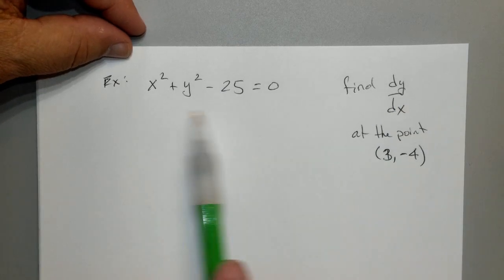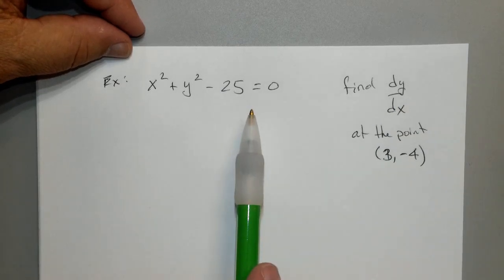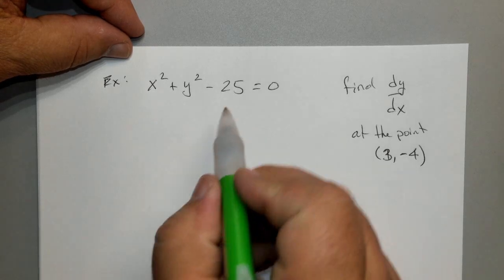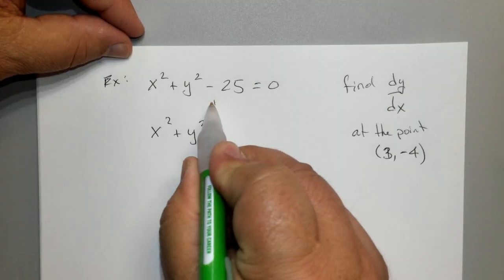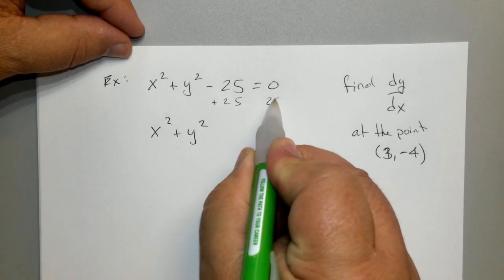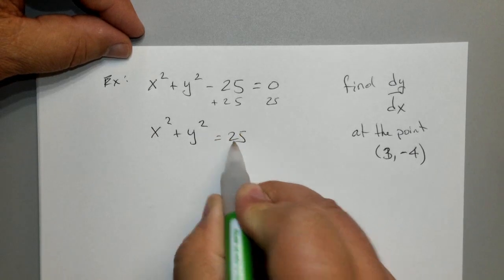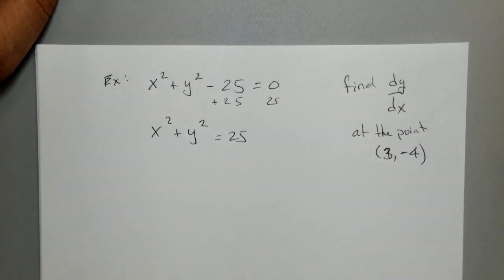What is this equation defining? Maybe if we added 25 to both sides, does that look familiar?